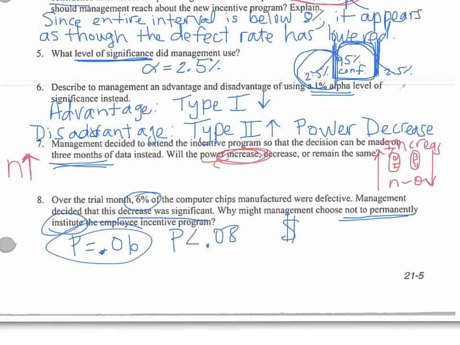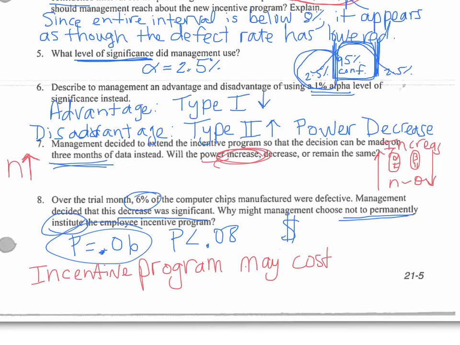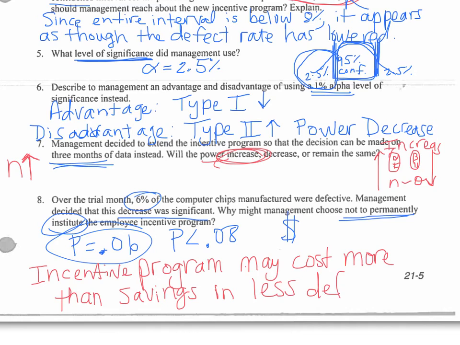And so the reality of what's happening is that the incentive program may cost more than the savings in the less defective chips.